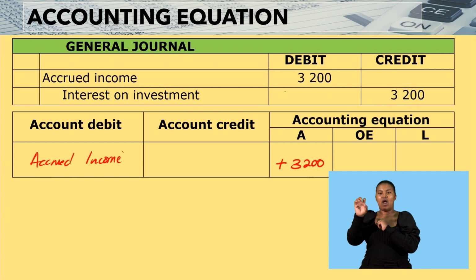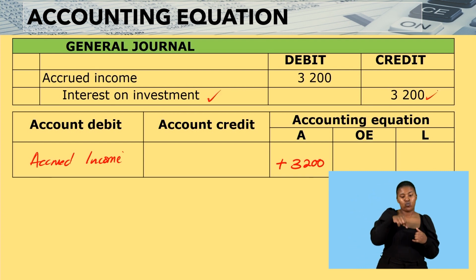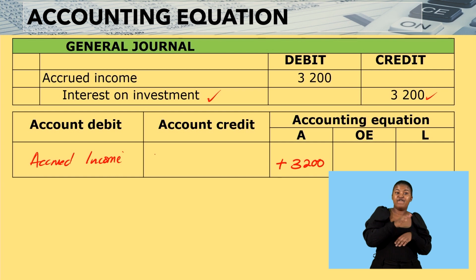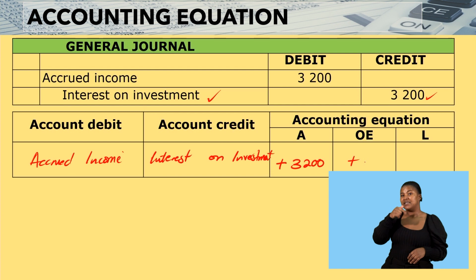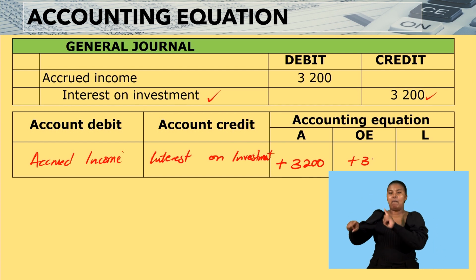And we credit interest on investment. So that means I'll come to my credit side, then I have my interest on investment. That means I will come to my owner's equity, and my owner's equity will increase with 3.2.